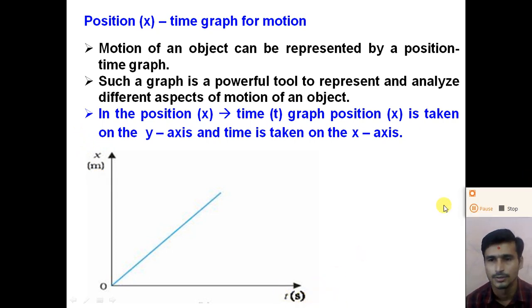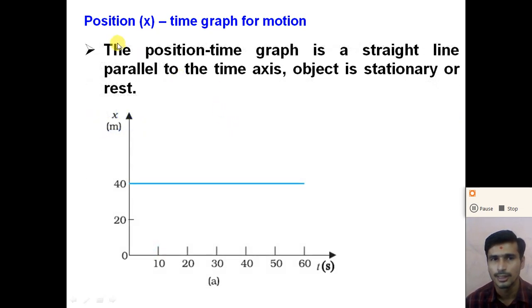Now let us see how this position time graph is useful to analyze the type of the motion and to calculate the average velocity of the object. First of all, if the position time graph or x-t graph is a straight line parallel to the time axis, the object is stationary or at rest.